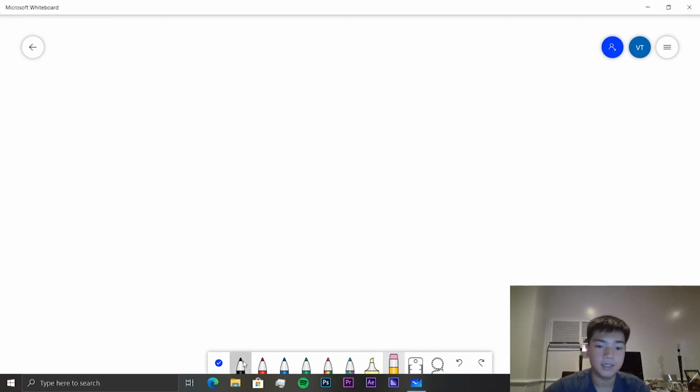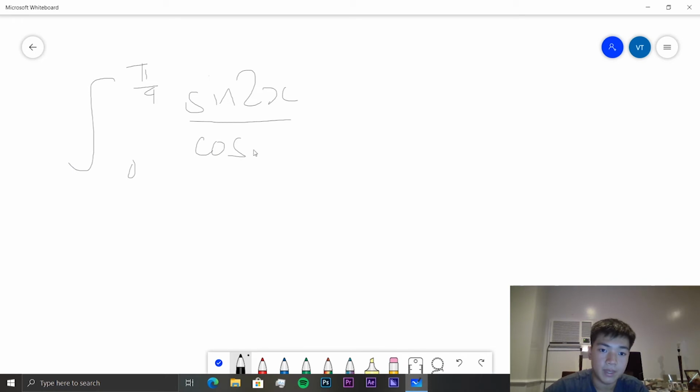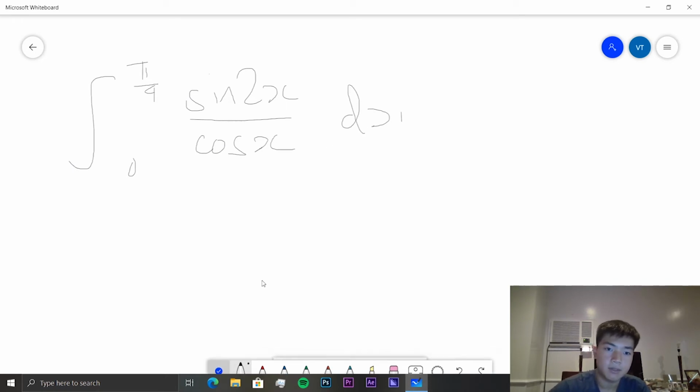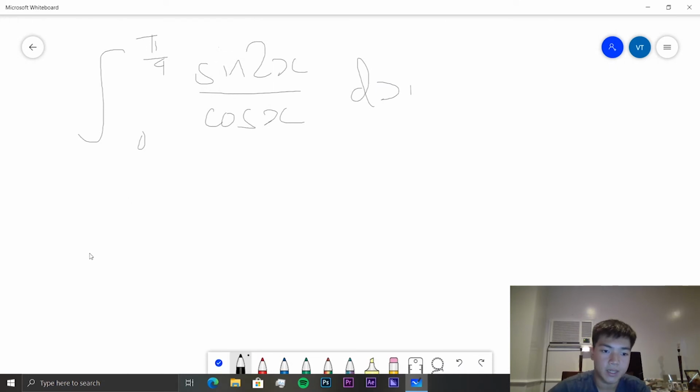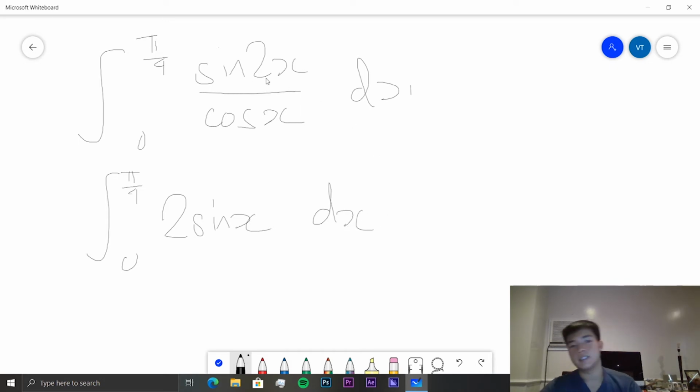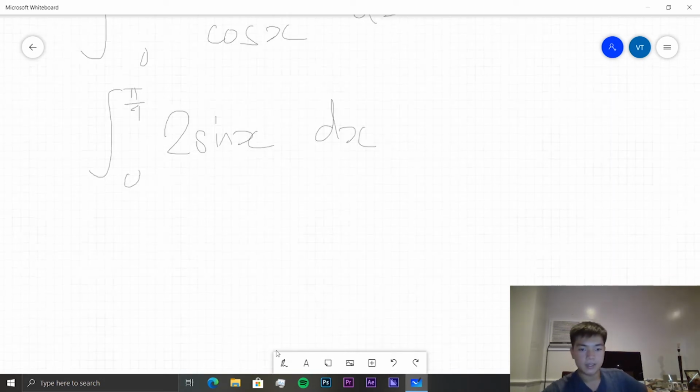Next one is the integral between 0 and pi over 4 of sine 2x over cosine x dx, which is actually quite interesting because of course we can expand this. Actually, this is just equal to 2 sine x dx, since sine 2x is 2 sine x cosine x.